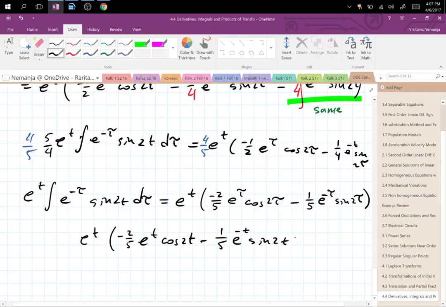And now when you apply 0, 0 is going to die in the sine. It's going to survive in cosine as just negative 2/5, so plus 2/5. There we go. It's good? Yeah, call it good.